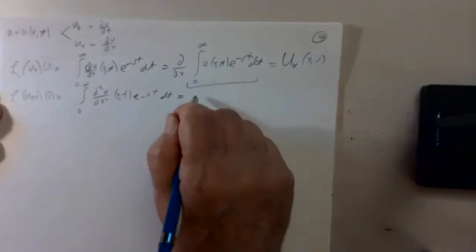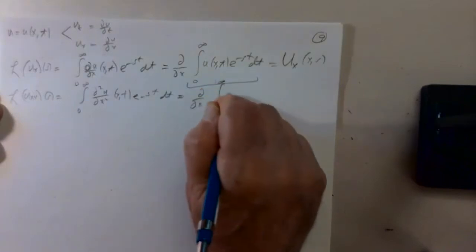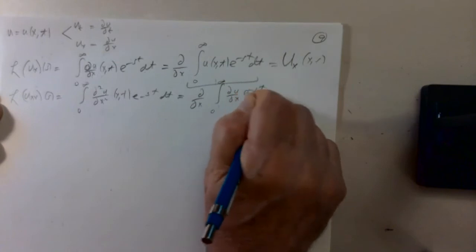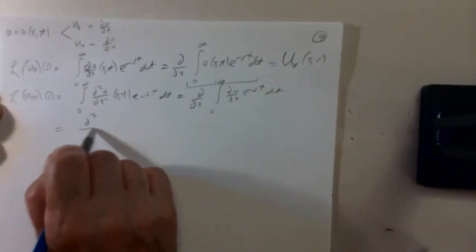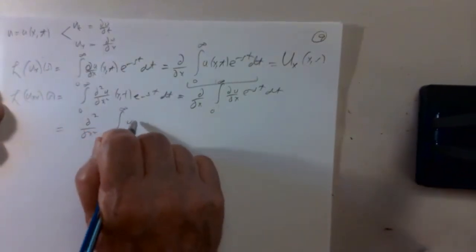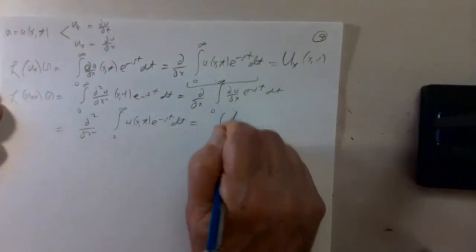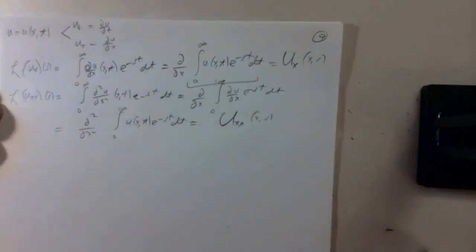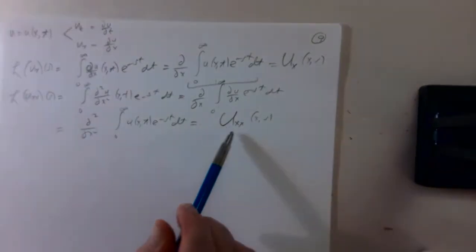This is the partial with respect to x of the integral of the partial of u with respect to x, e to the minus st dt. This is the second partial with respect to x of the integral of u of x, t, e to the minus st dt. So this is the second partial derivative of the Laplace transform of u with respect to x. So that's easy. When you're differentiating u with respect to x, you're just differentiating the Laplace transform.